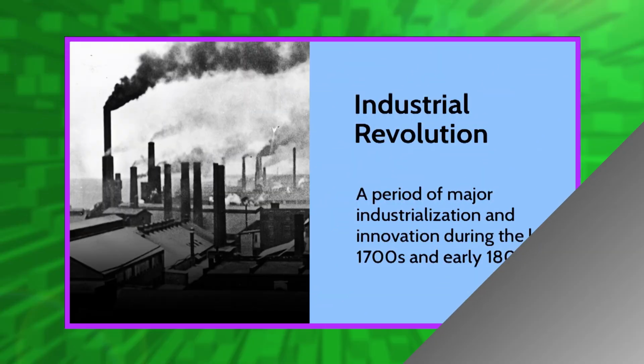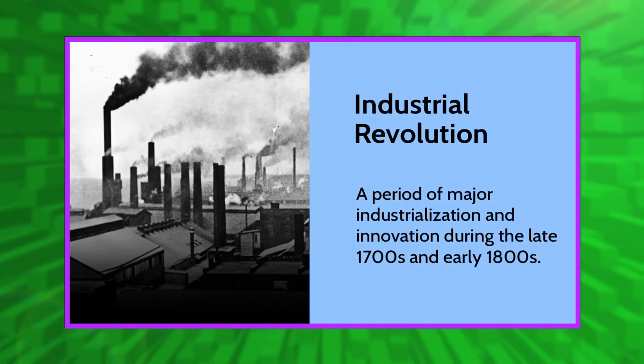Human ingenuity has allowed the exploitation of various forms of energy, from fire to wind and water mills. The Industrial Revolution, fueled by fossil fuels and the steam engine, marked a significant economic and environmental shift.